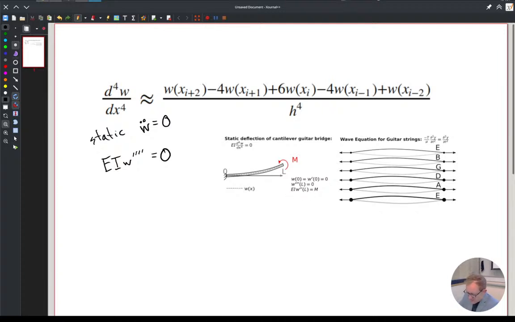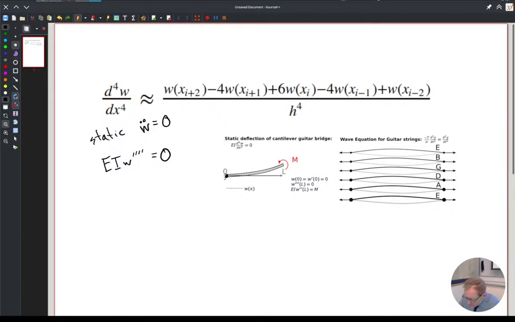So I know if I take this beam and split it up, let's just start off with 6 sections. So 1, 2, 3, 4, 5, 6.